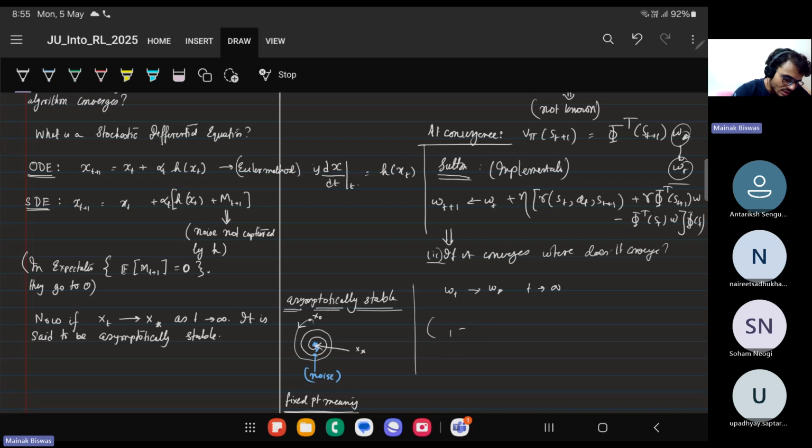So I'll just write it in a different color for better understanding. So W_t plus 1 minus W_t is equal to eta times expected value of R, so I'll just write this as R S_t, A_t, S_t plus 1, phi of S_t, plus the expected value of, okay, I'm taking an expectation on both sides here, with respect to W's.